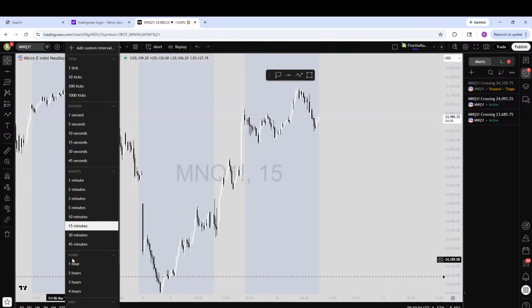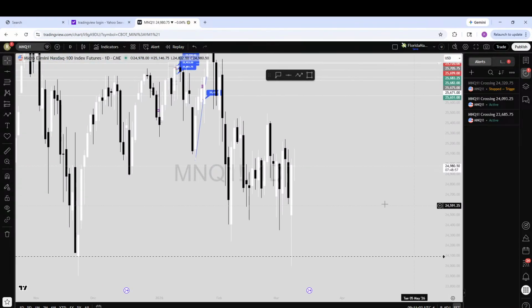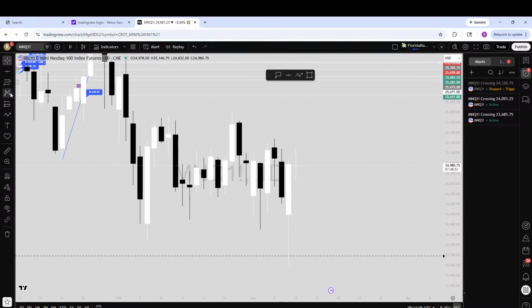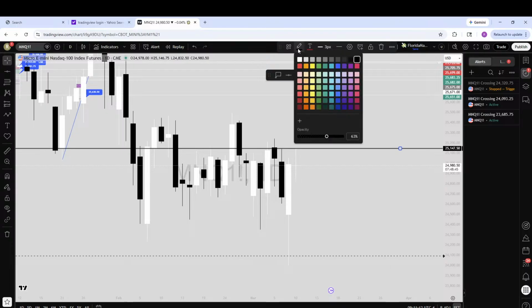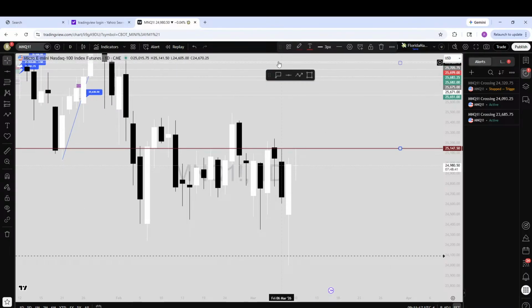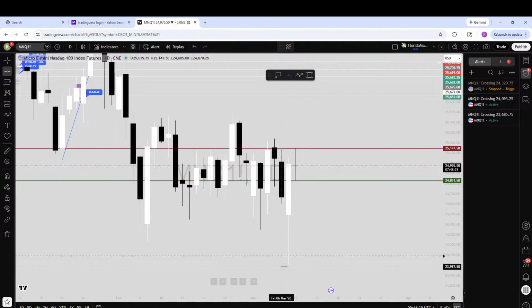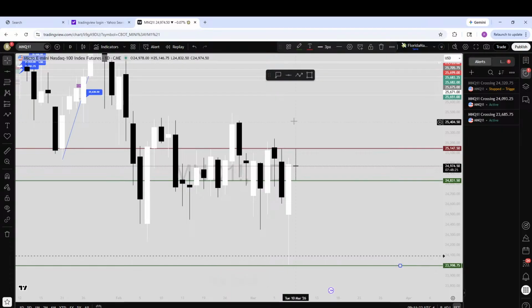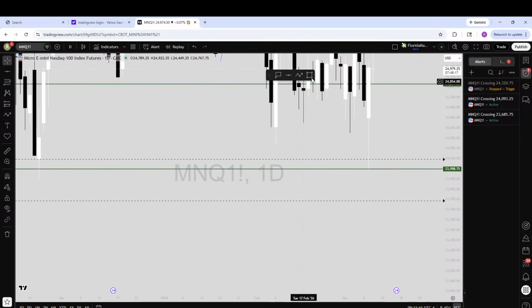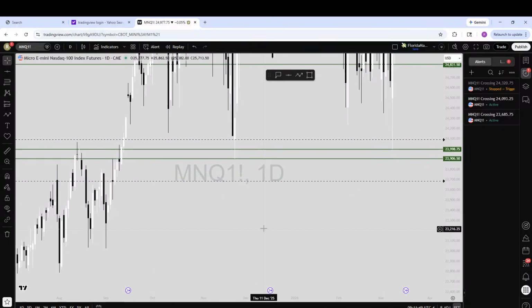MNQ. Let's go to the daily. Okay, we are on the daily, so we do current high, current day low, make that green, and then we do previous day low, and then look for another previous day low, look for another previous low.